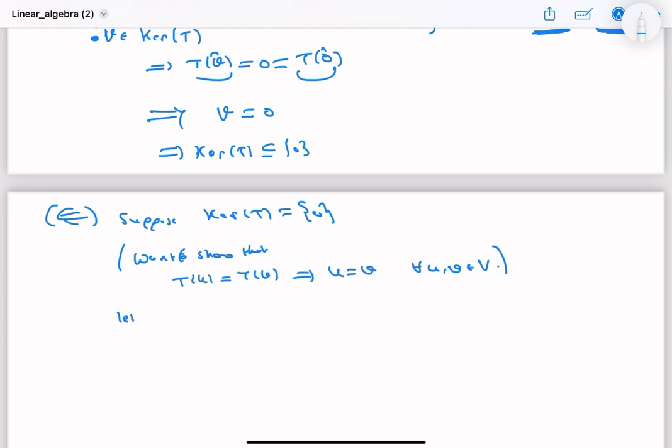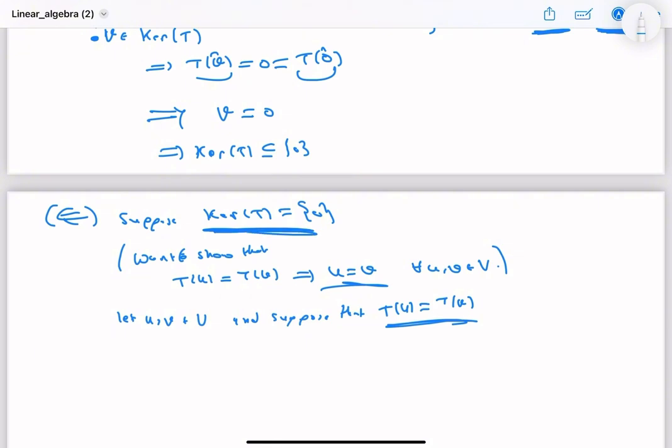So to do that, let U and V be in V, and suppose that T of U is equal to T of V, and we want to show that U is equal to V to prove that the map is injective. Okay, so from this we want to use something from what we have, right? So it would be better to find a vector in the kernel and try to impose the fact that if a vector is in the kernel, it has got to be zero. So this is what we're going to try to impose, right?